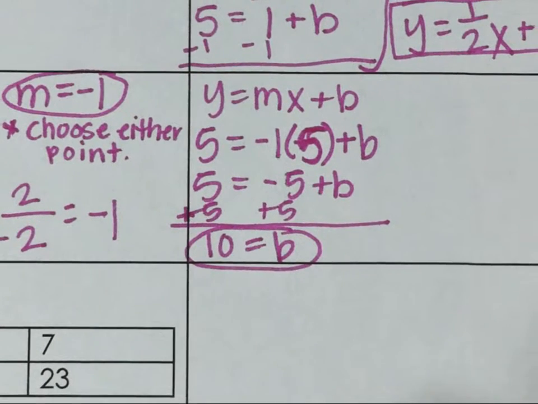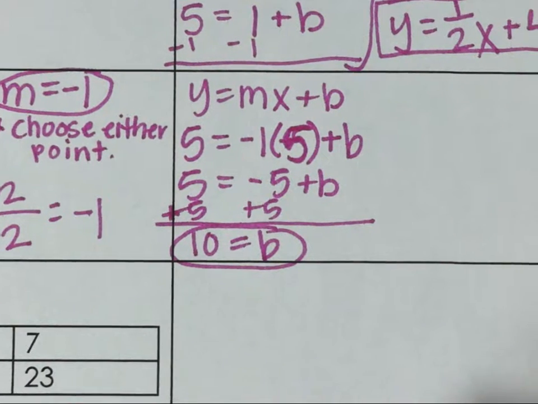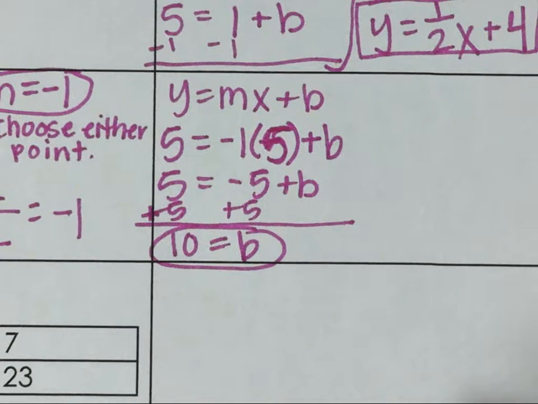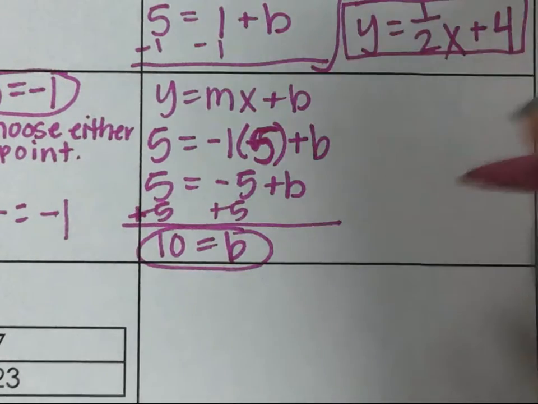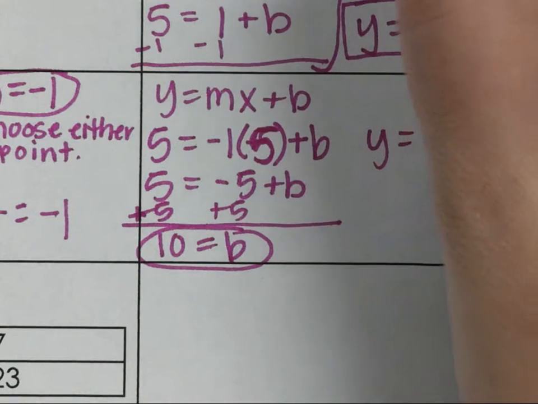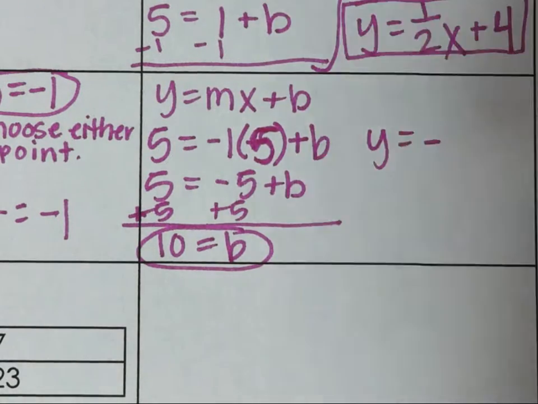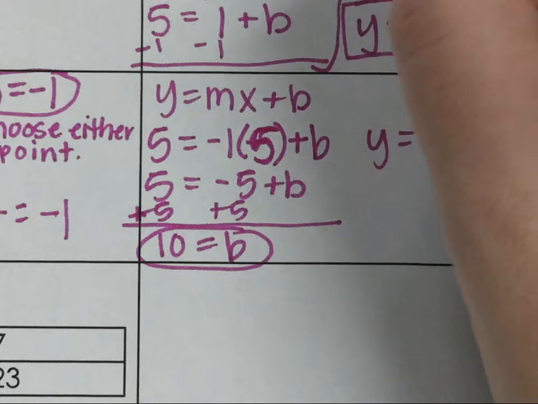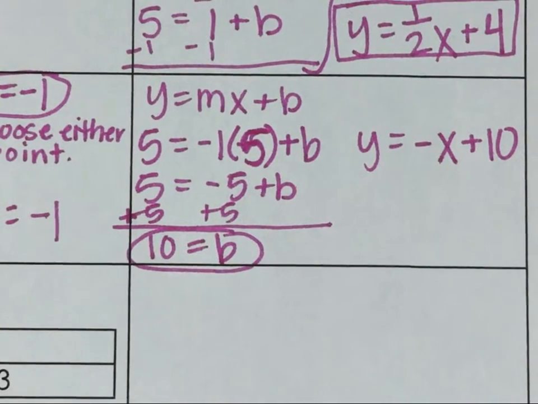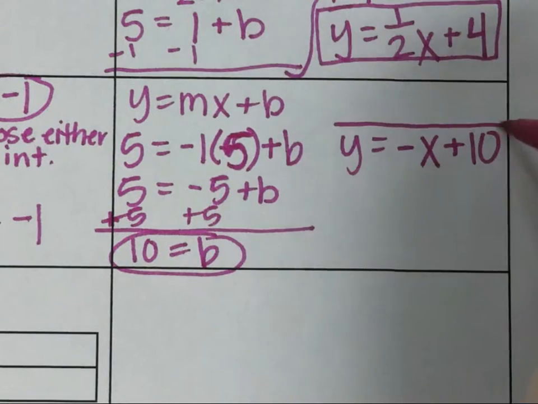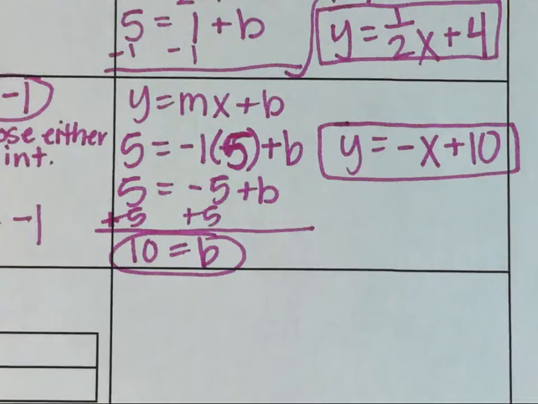So I can do that now, right? What do you think it's going to be? Good. y equals -1x, or in this case, we can just say -x, plus 10. And that is my final equation in slope-intercept form. Okay.